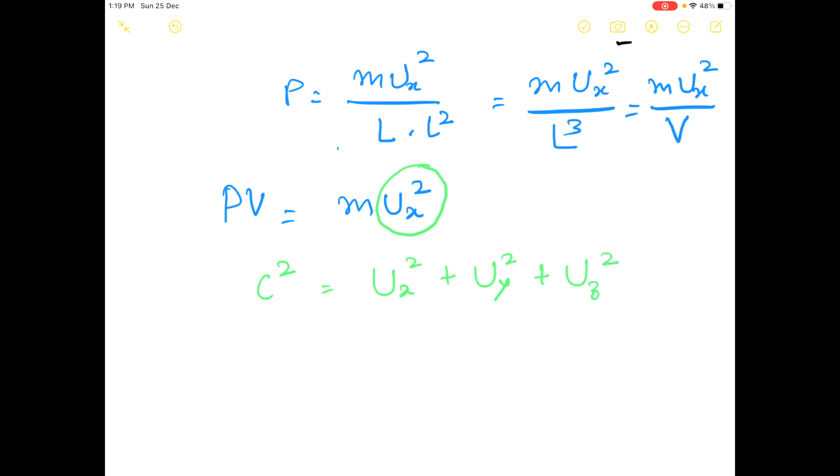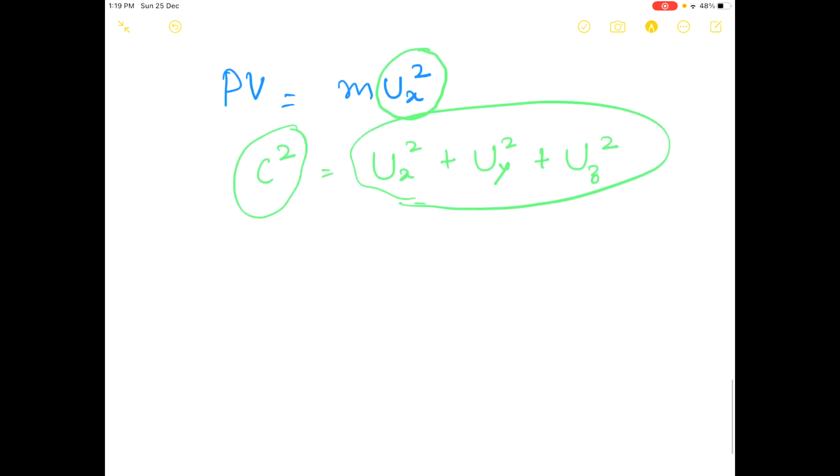By convention ux is equal to uy is equal to uz.